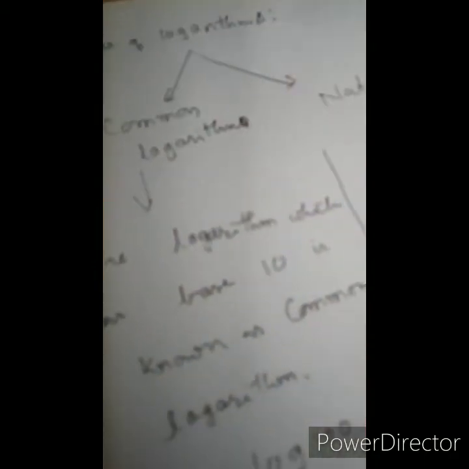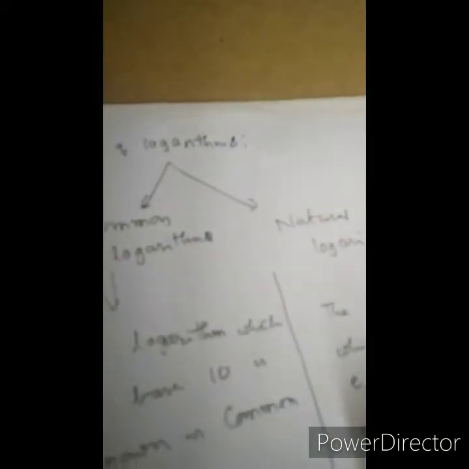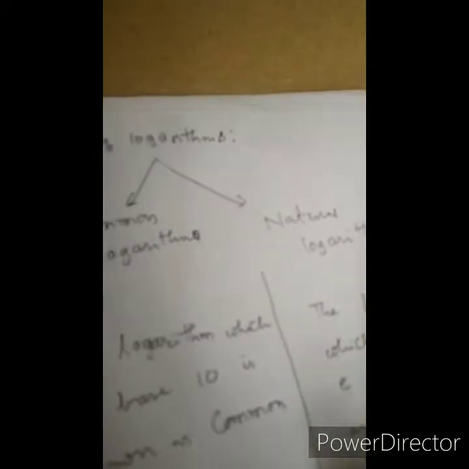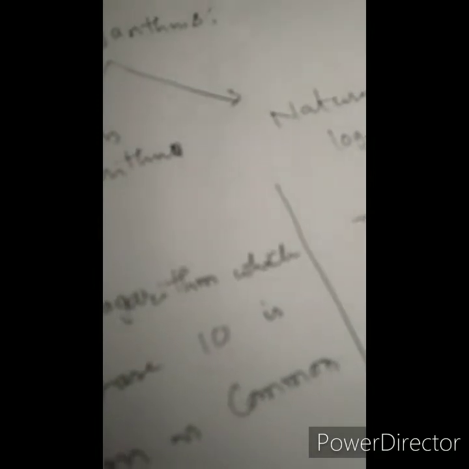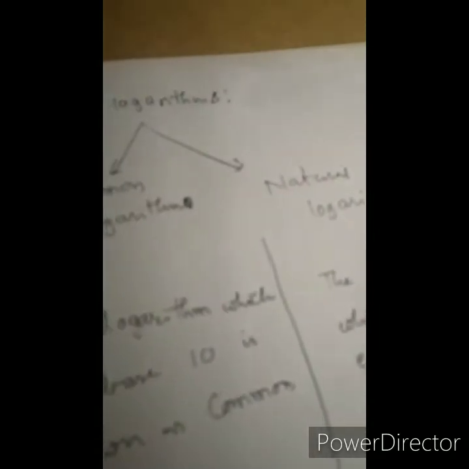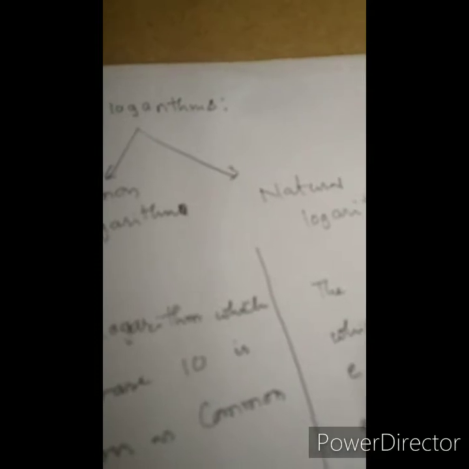e lies between 2 and 3. e is called an irrational number.